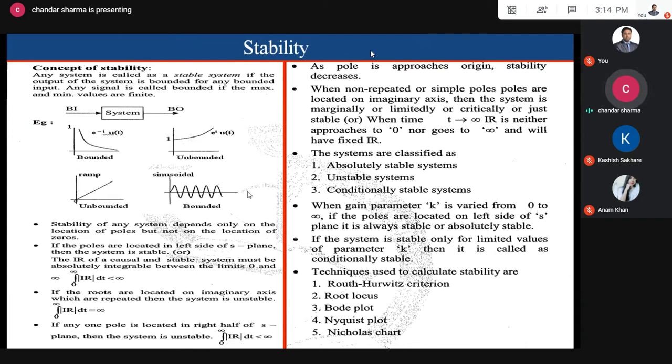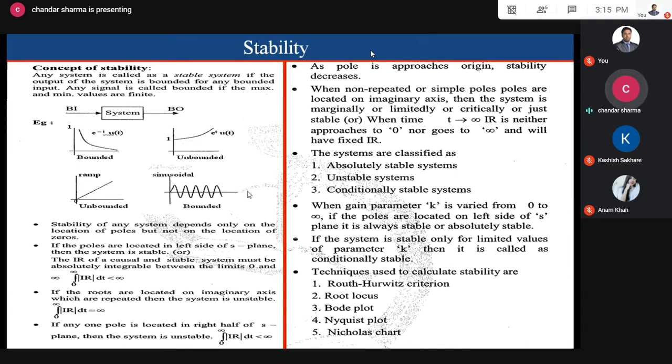There are three types of stability we can observe in the control system: number one, absolute; number two, conditional; and number three, relative stability. It may be noted that absolute stability is a qualitative measure of stability, whereas relative stability is a quantitative measure of stability.